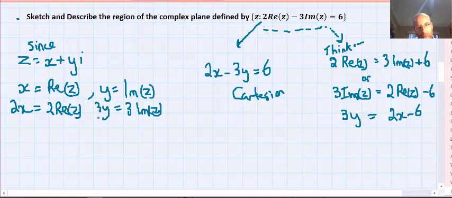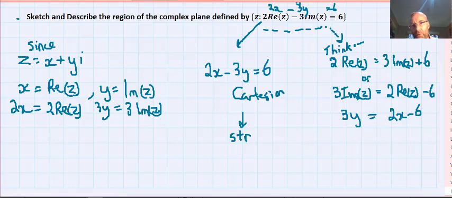So we've got 2x minus 3y equals 6. That's the Cartesian equation, so in other words it's a straight line. You know how to describe that. It's got a y-intercept when x equals 0 and an x-intercept when y equals 0, giving us those 2 points as intercepts.